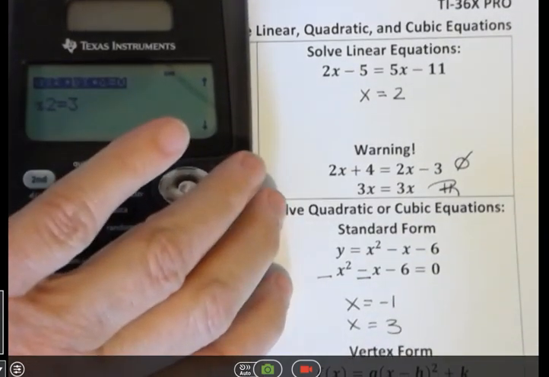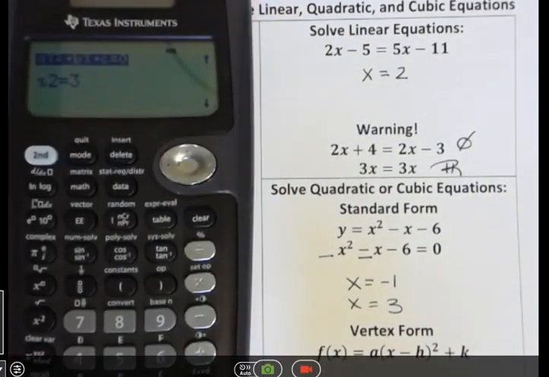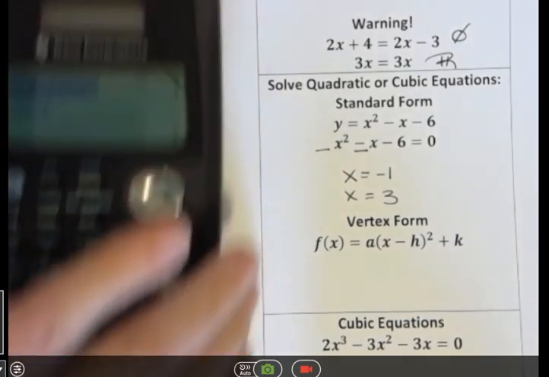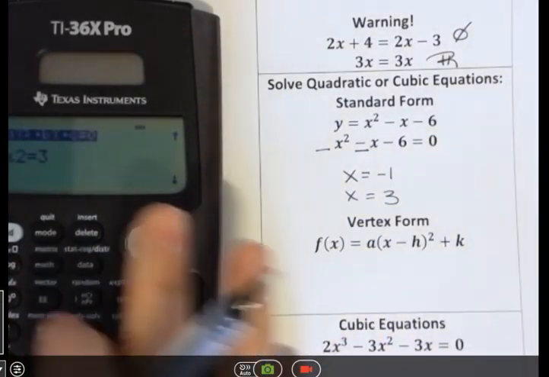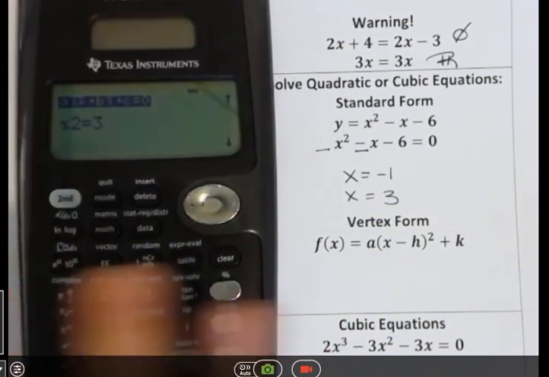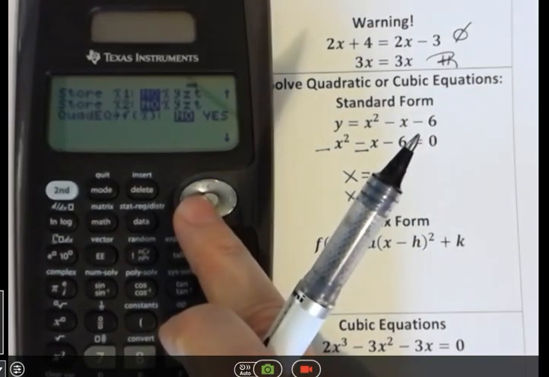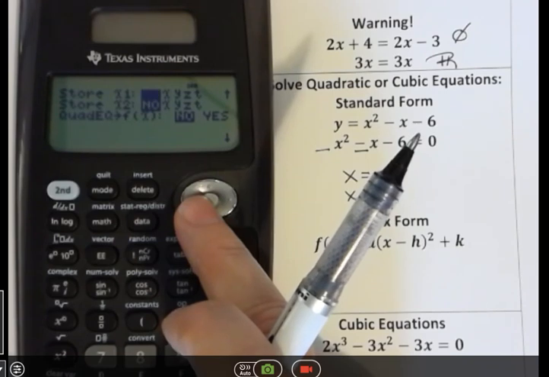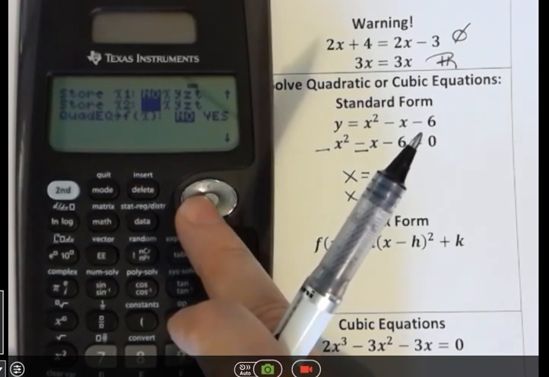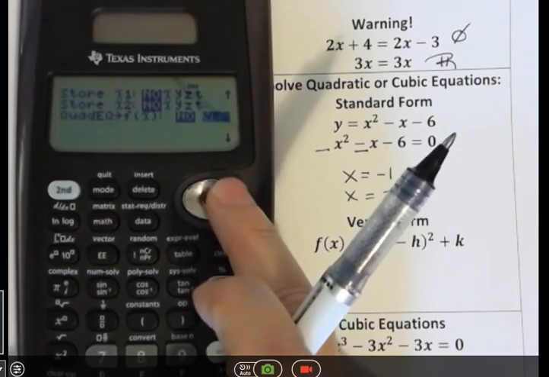And then if you want to see that in vertex form, remember what vertex form is? You can take that form and go over to these arrows over here and scroll down, and it will say, do you want to store variable number 1, which I don't? Do you want to store variable number 2, which I don't? And the third one says, do you want to see it in the function form?